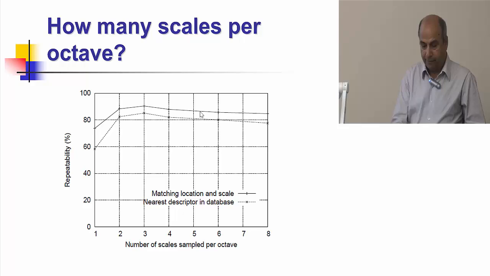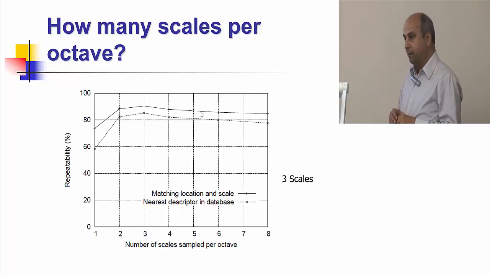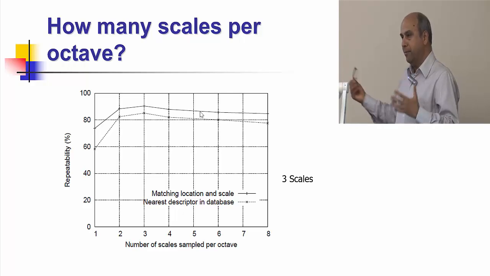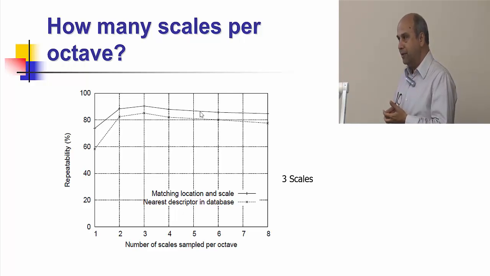He found that 3 scales was optimal. Less than 3 is not good, but more than 3 doesn't make much difference. That was the criterion for deciding on 3 scales.